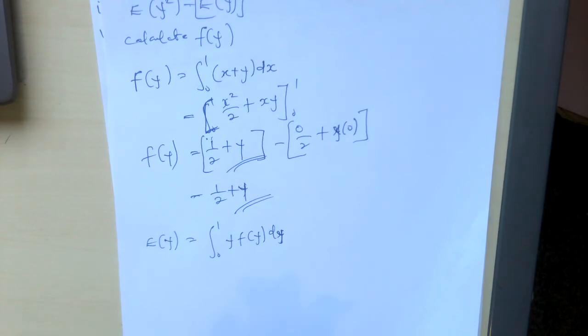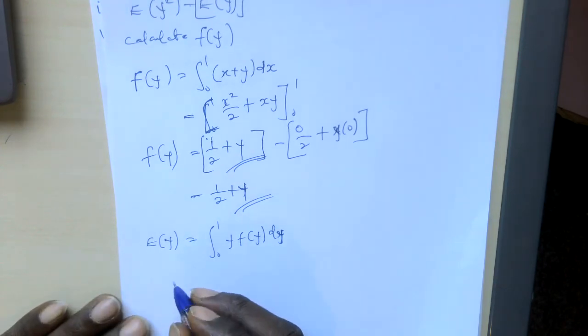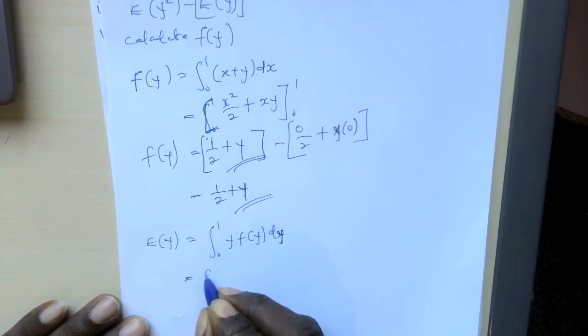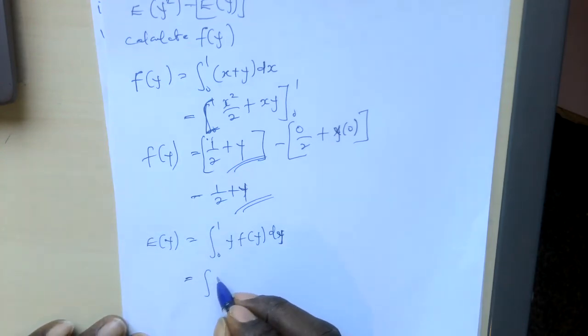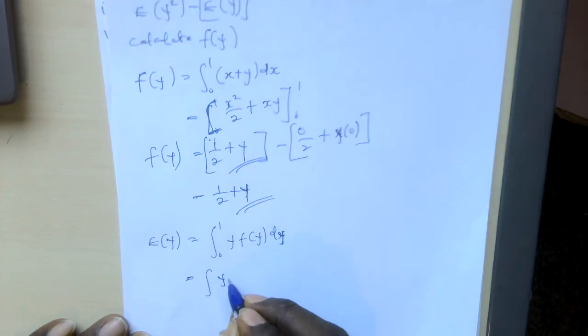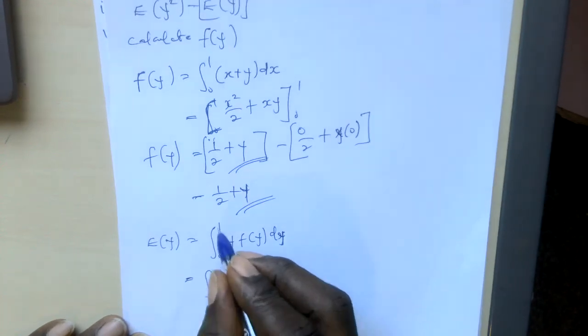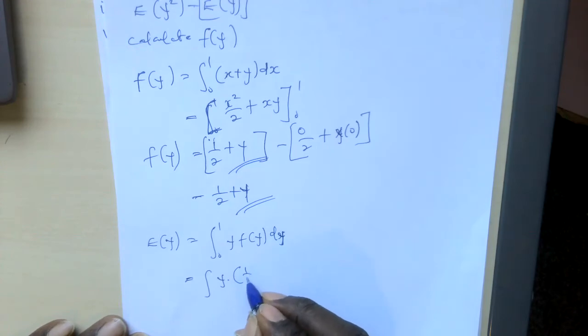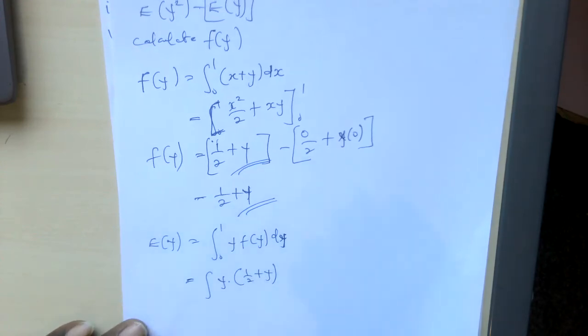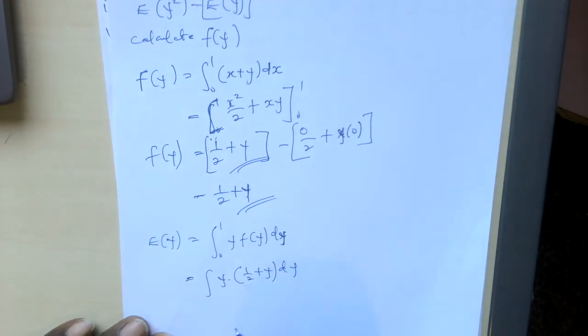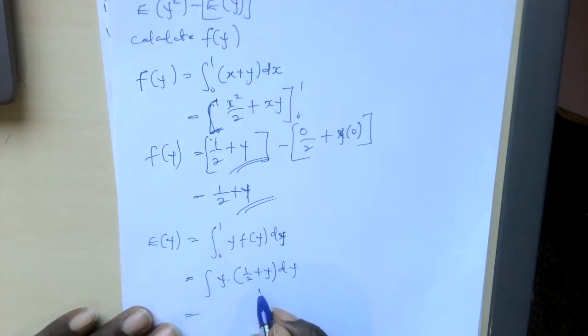So here, that gives us the integral of y times f of y, which is 1 over 2 plus y, dy.